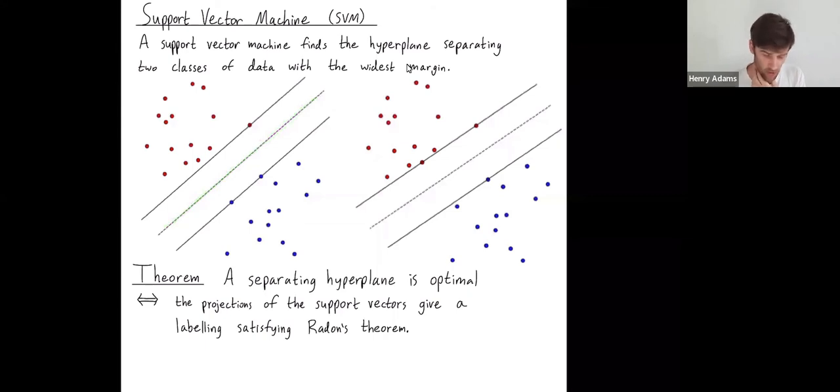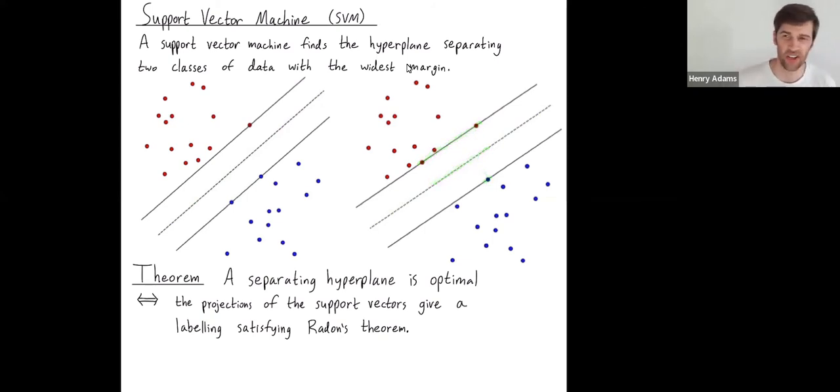Because the convex hulls of the support vectors don't intersect after we project, we know that we can rotate the hyperplane and get a wider road. So in this exact example, you can rotate the hyperplane a little bit, rotate it clockwise, and you get a wider margin, where now the projections of the support vectors do intersect.